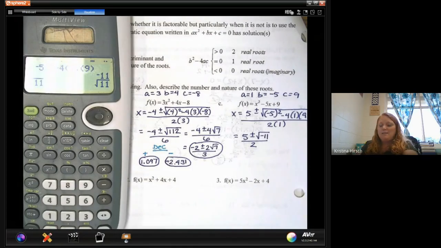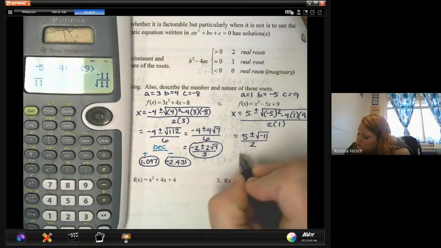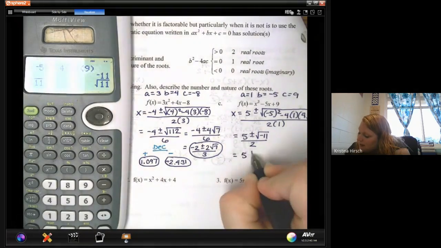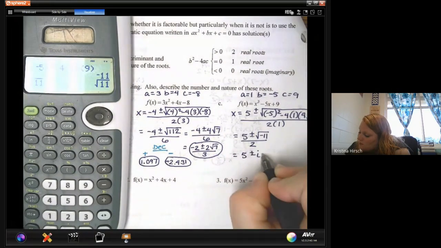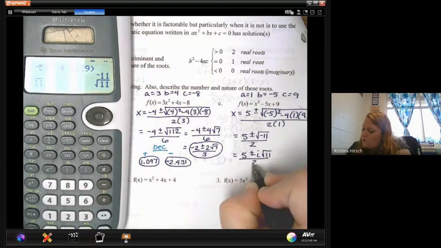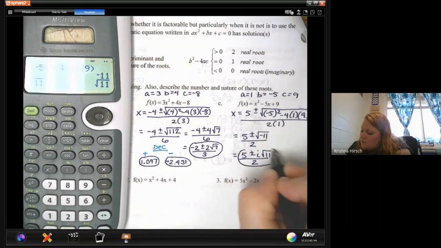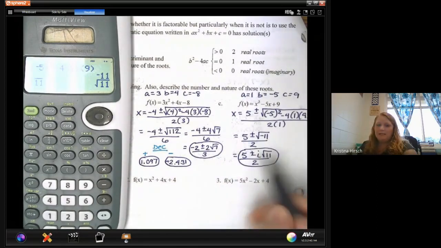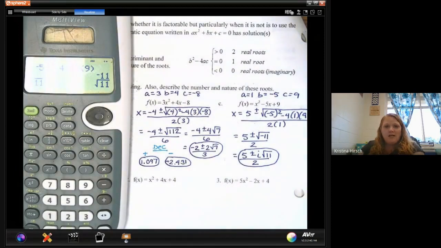It does not simplify. So this answer would be 5 plus or minus i square root of 11 over 2. And those are my two solutions, two because I have a plus and a minus. Now they're imaginary, so what that tells me about my function is it's never going to cross the x-axis. So that at least helps me make a prediction about what my graph will actually look like.